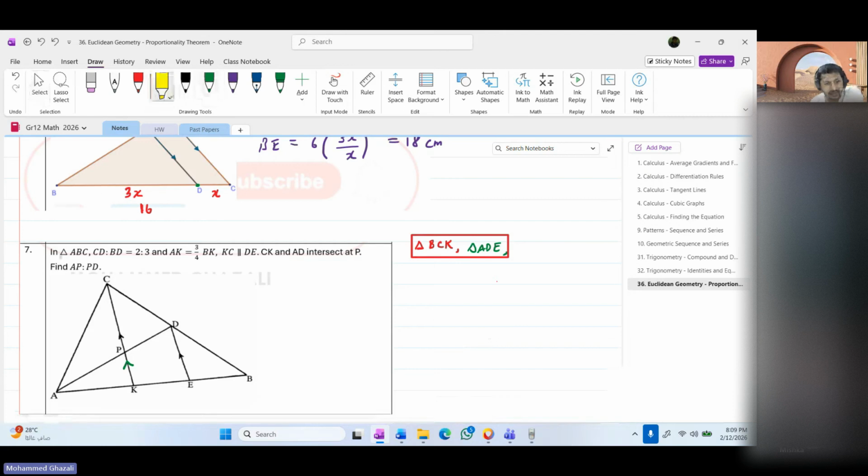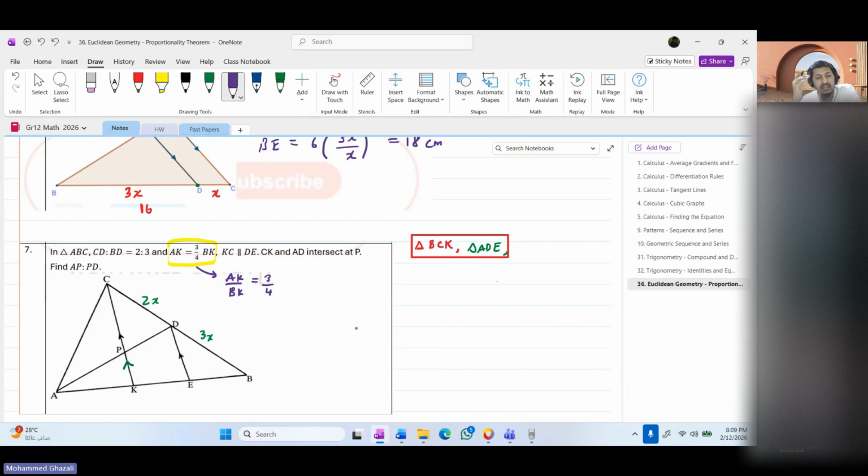Now, let's read the story. In triangle ABC, CD to BD is 2:3, so you're going to say 2x is to 3x. AK is 3/4 BK. So what you're going to do is simplify this ratio: AK over BK is 3/4.